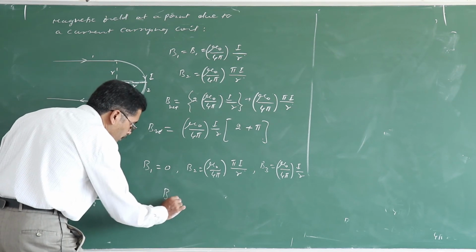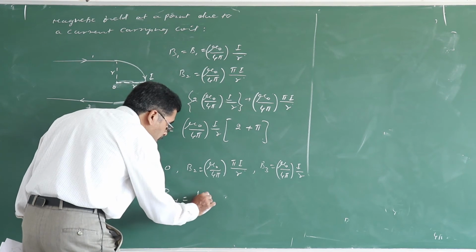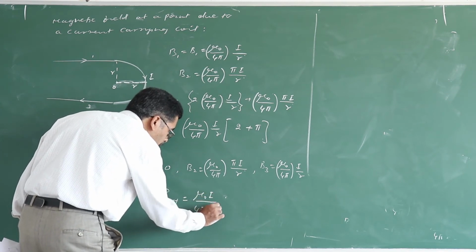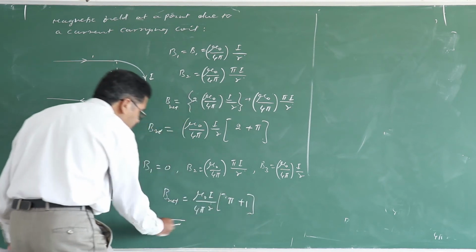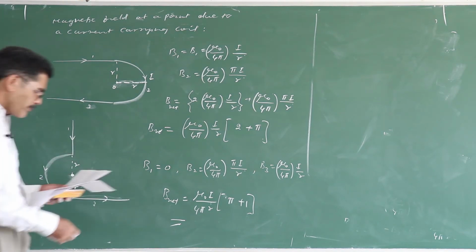B net is equal to, you just take out mu naught I divided by 4 pi R as common, you are left with pi plus 1. Here current is in the same direction, therefore it gets added up.